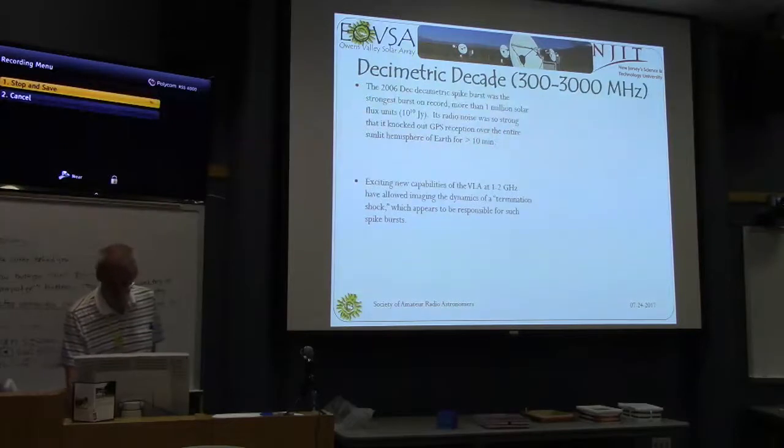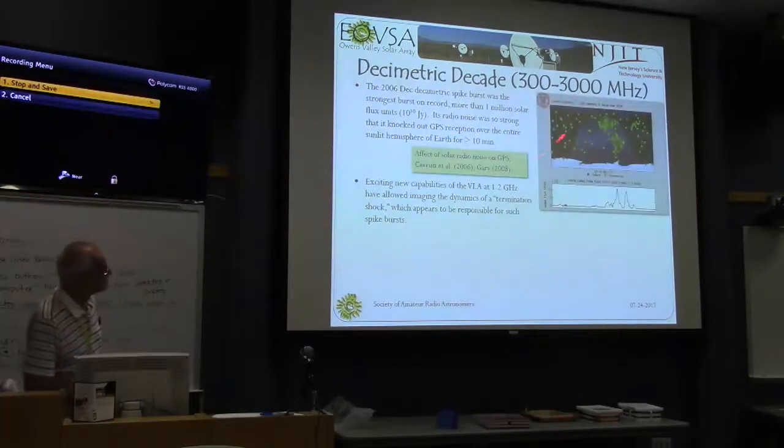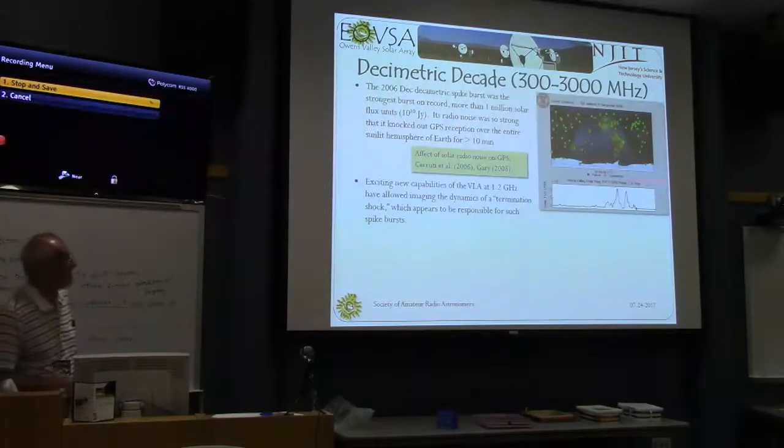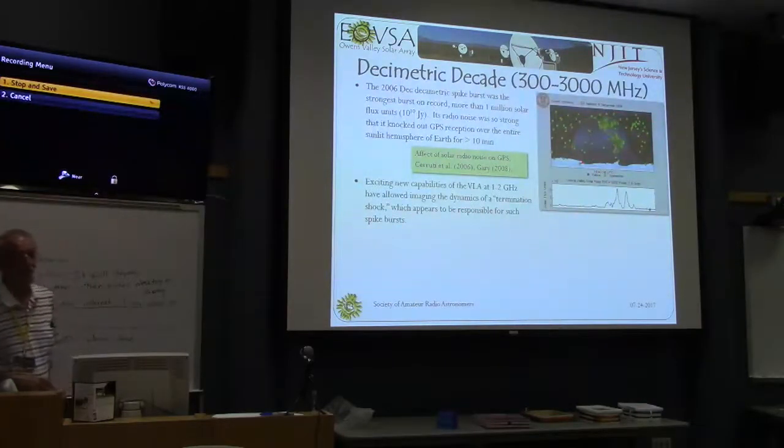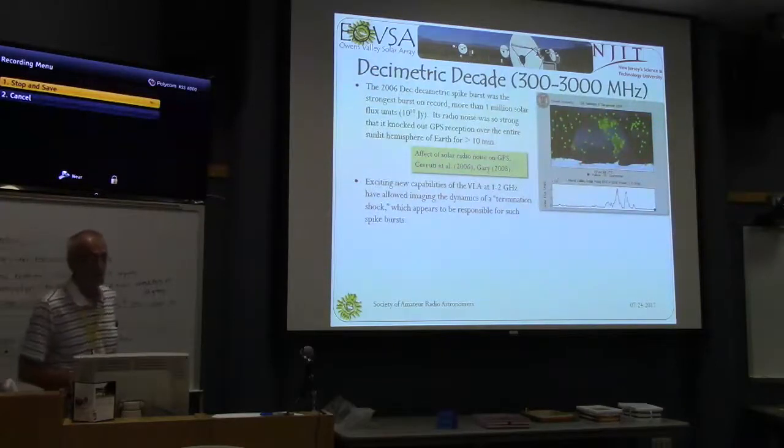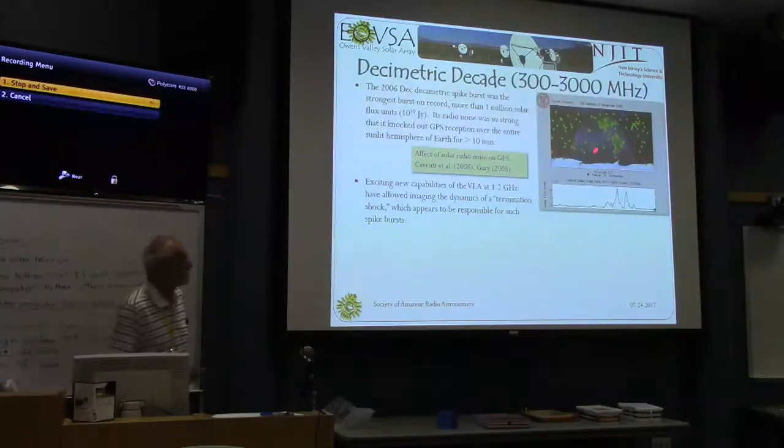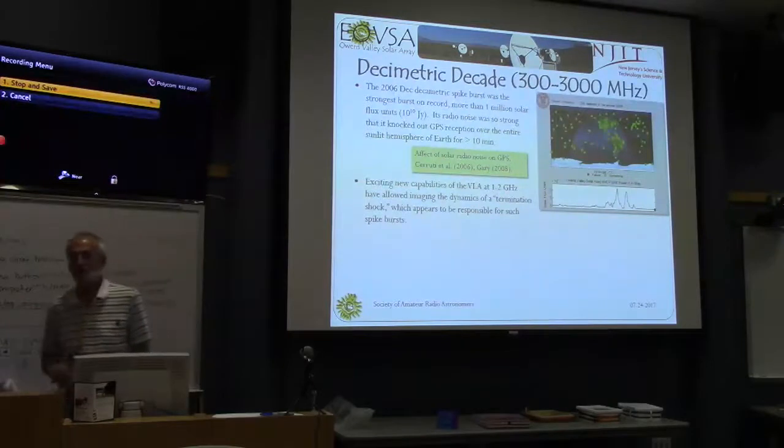And I'm going to show you a little movie associated with a report at that time. So what we're seeing is an array of GPS systems, and then as the flare goes on, they start turning red everywhere in the southern hemisphere. So this is actual data from this network of GPS receivers, and whenever they go red, it means that they have lost lock on the satellites.